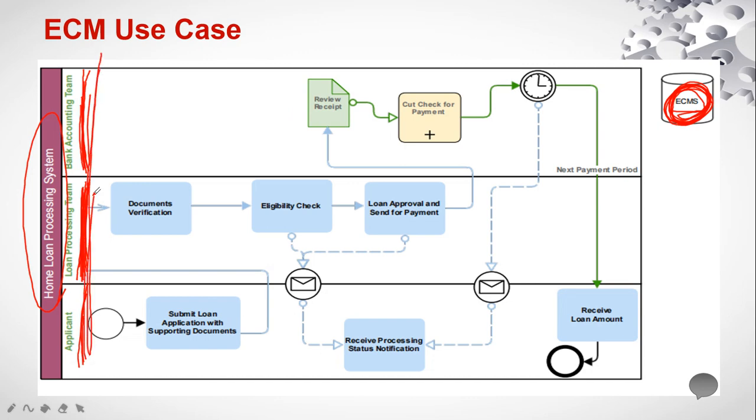So I'll start with the application submission process, then I will end with the money being credited to the applicant's account. You can see that I have different activities, and I'm just highlighting this one, where the applicant will submit the loan application with supporting documents. Let's say I want to apply for a home loan.